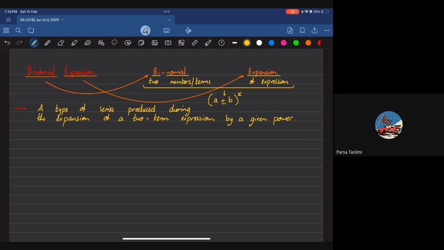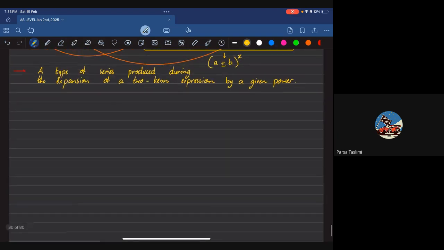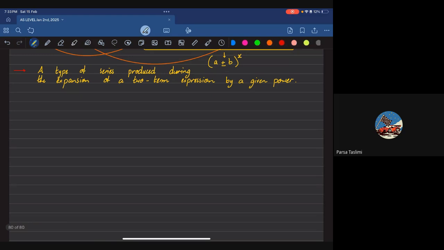What do we mean by that? For example, if I say that a plus b is being whole squared, and so that expands to what?